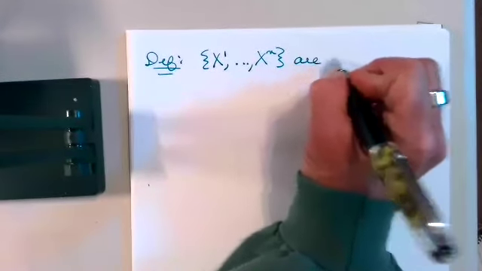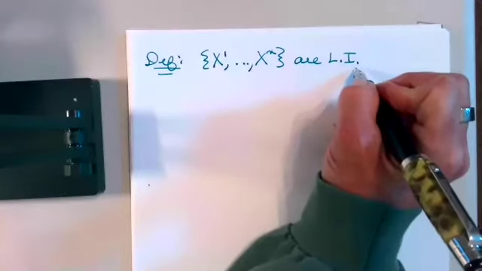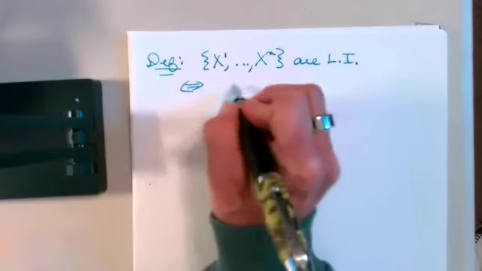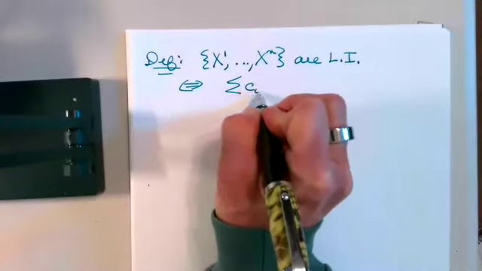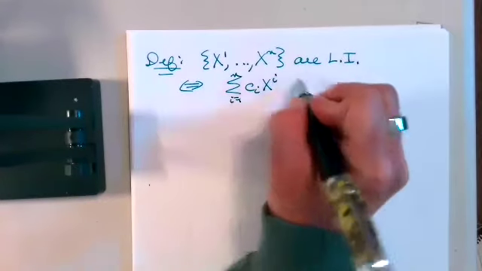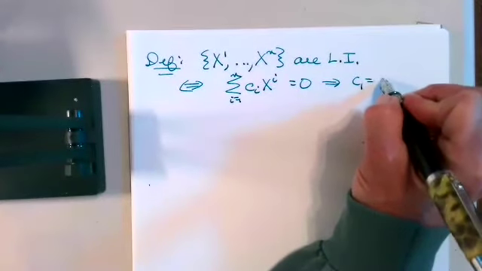So these vectors are linearly independent, remember, for me, LI always means linearly independent, if and only if the summation of c_i x^i, from i equals 1 to n, equals 0 implies all the c's have to be 0.